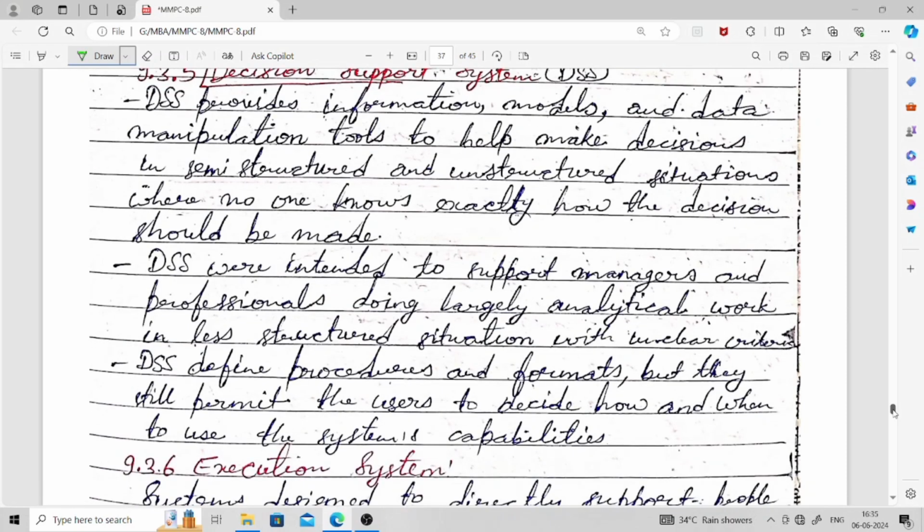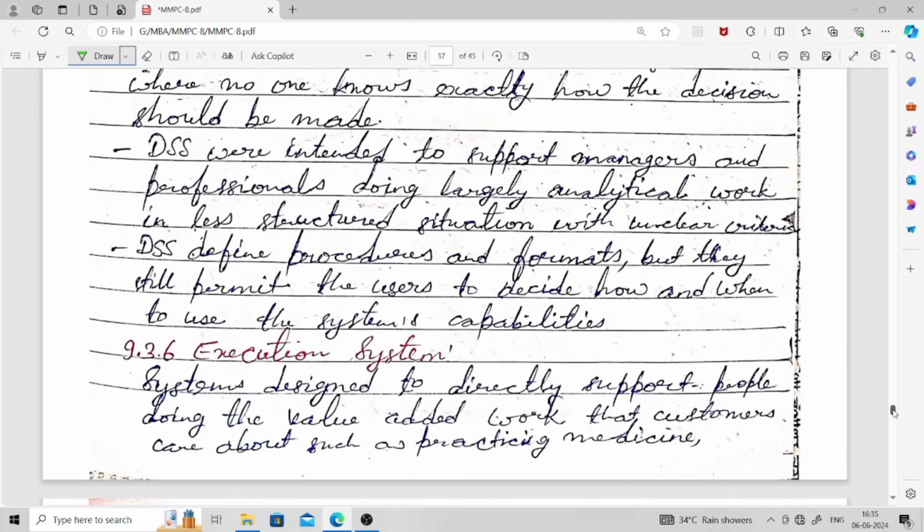So DSS were intended to support managers and professionals doing largely analytical work in less structured situations with unclear criteria.